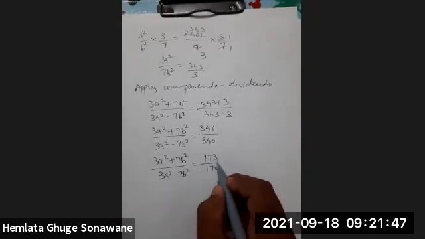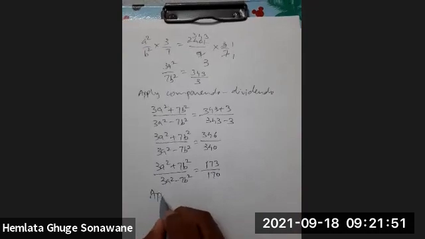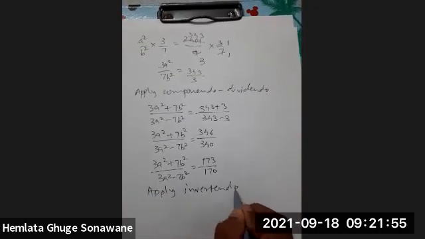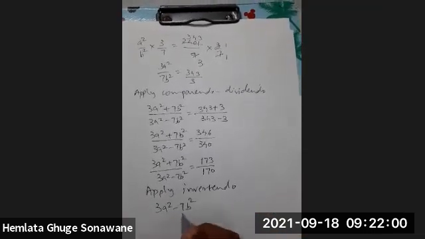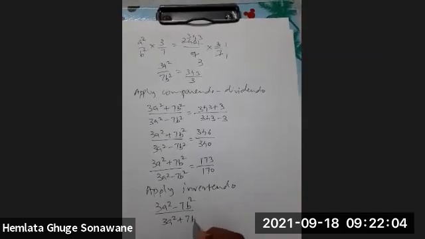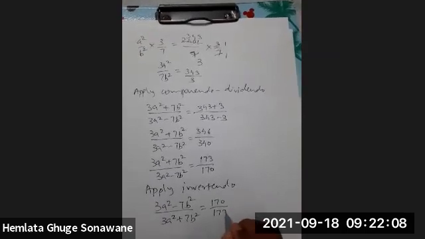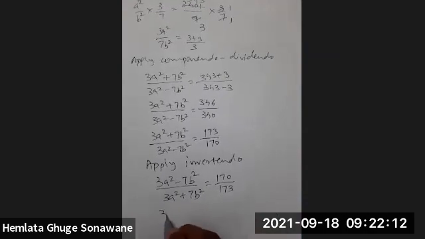Okay. Now we apply the property of invertendo. It becomes 3a square minus 7b square upon 3a square plus 7b square is equal to 170 upon 173. This is our answer.